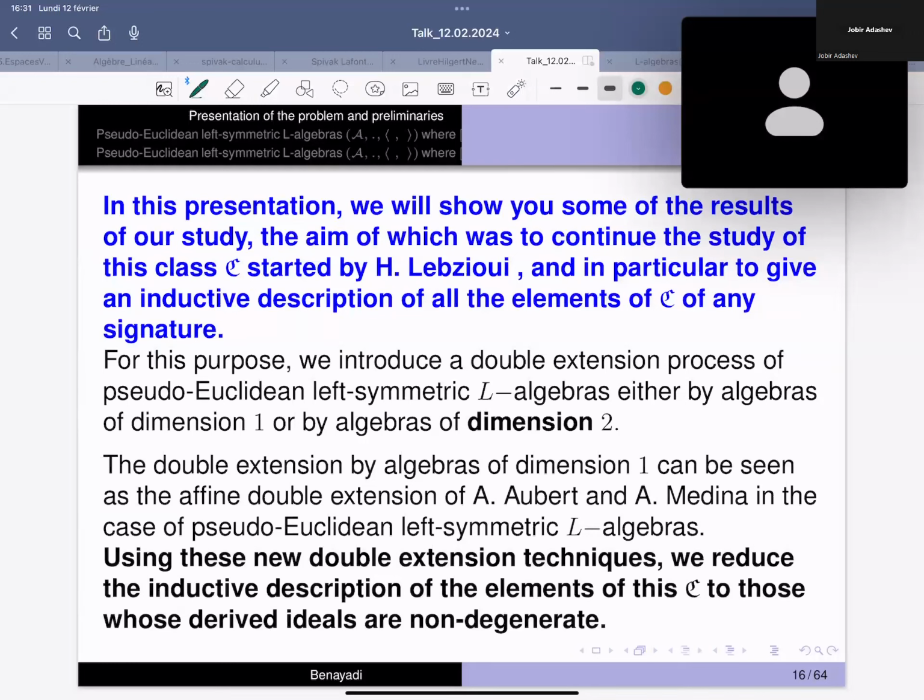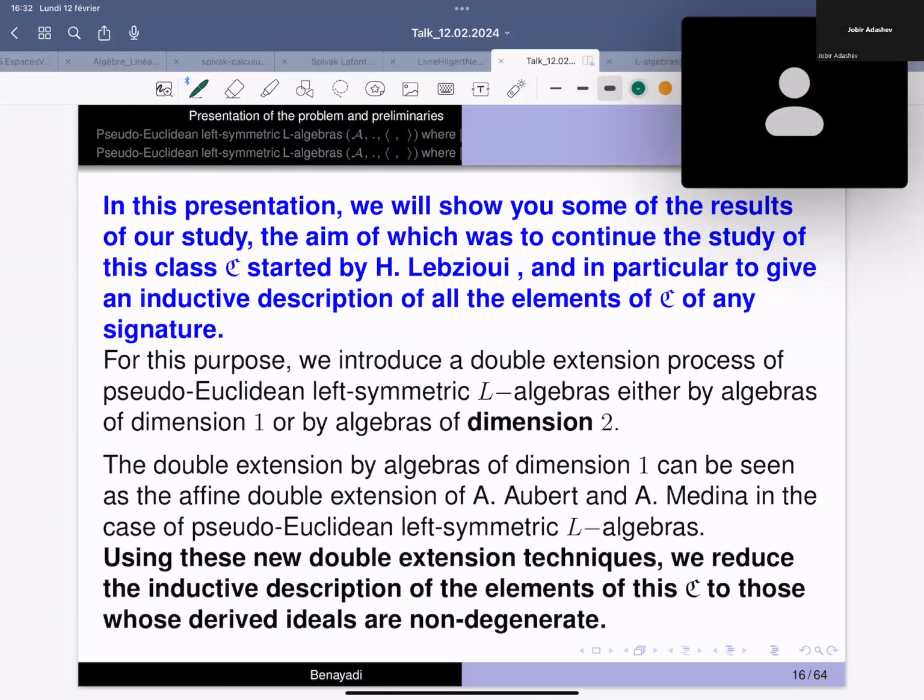The solution to this problem is to introduce a new double extension, not always by dimension 1, but another by an algebra of dimension 2. The double extension by an algebra of dimension 1 is just the double extension of Aubert and Medina.